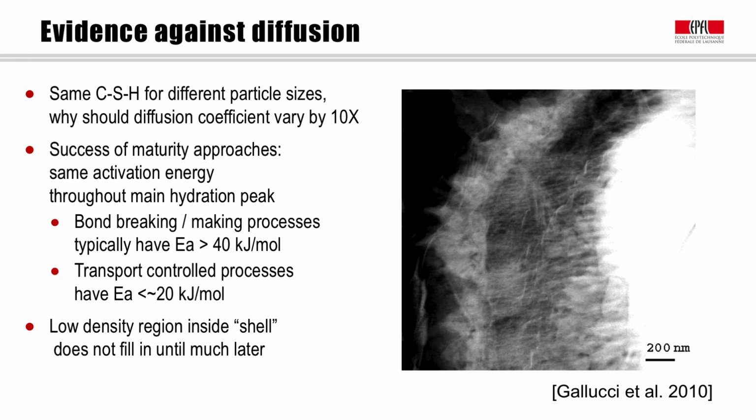Because if this shell was acting as a diffusion barrier, we would not expect to see this region of low density behind the shell. We would expect this to be right in contact with our alite grain. So these many reasons really are evidence that diffusion is not becoming the rate determining mechanism at this stage of the reaction.